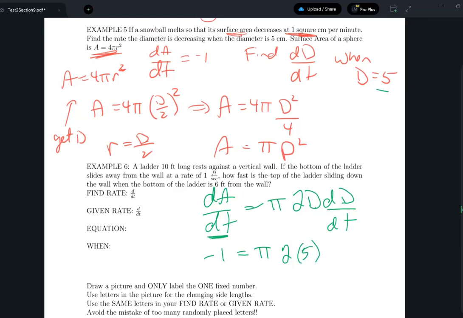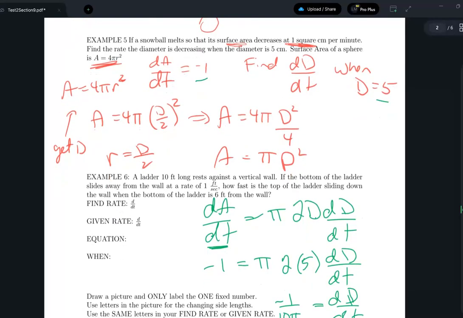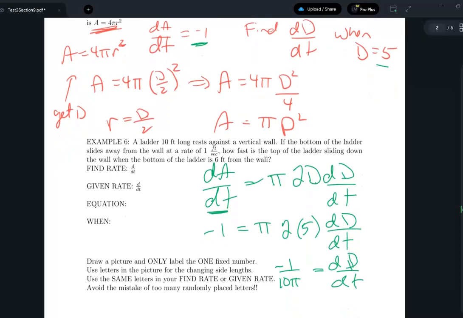I would get -1 over 10 pi is how fast the diameter is changing. And let's remember, the snowball was shrinking, melting, right? So that means the diameter would be getting smaller as well. So having negative or positive answers has true meaning.